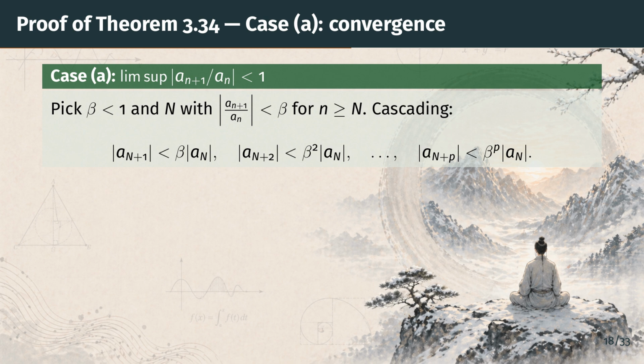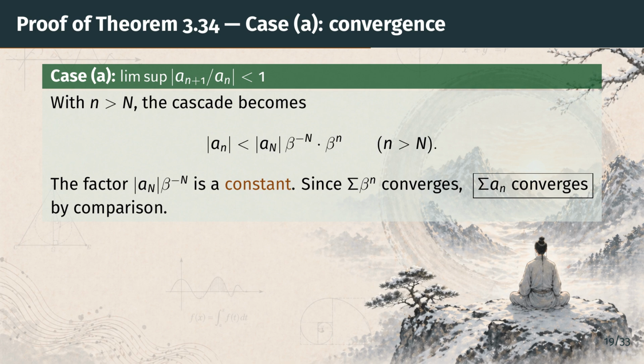Next, we rewrite this as a single clean bound. Setting n equal to N plus p, the cascade collapses into a single inequality. For every n greater than N, the absolute value of a sub n is less than a fixed constant, namely the absolute value of a sub N times beta to the minus N, multiplied by beta to the n.